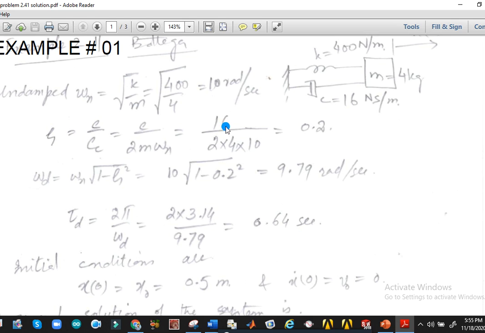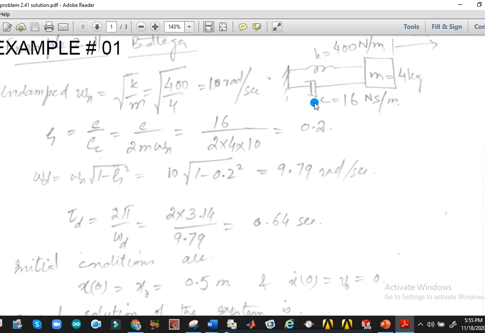C is given, that is 16 Newton second per meter, and Cc is equal to 2m omega n, where m is the mass of the block, and omega n is 10 radians per second. So finally we have zeta is equal to 0.2. We can see that zeta is less than 1, so the system is underdamped and it is confirmed now.